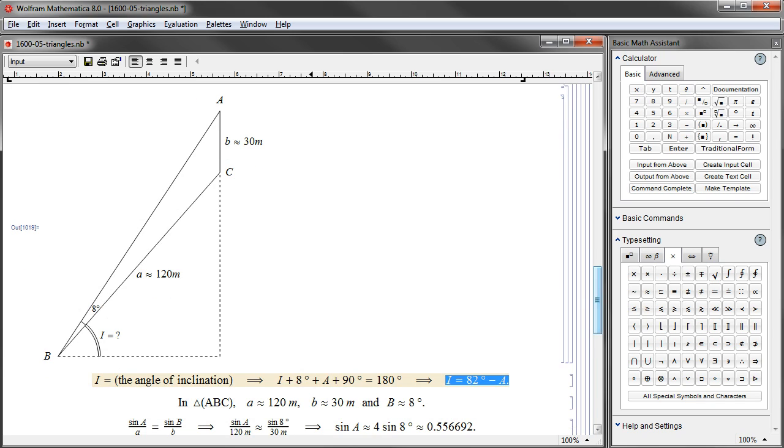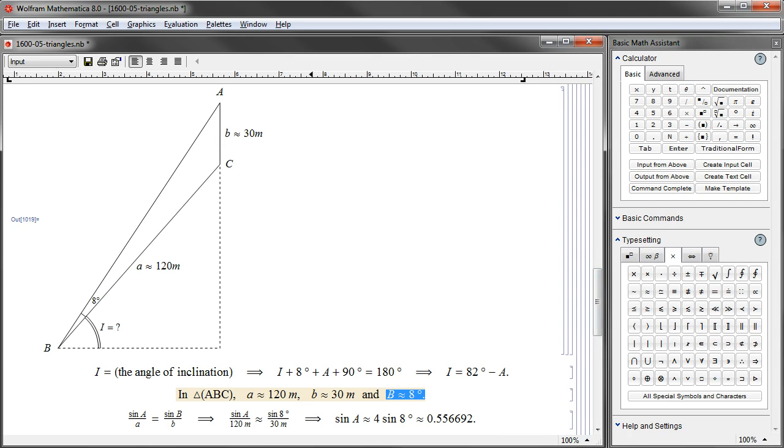All right, let's find capital A, and we can do that through the law of sines. Small a is 120 meters, small b is 30 meters, capital B is 8 degrees. So all I have to do is form this equation. Everything is known except for the numerator, sine of capital A. It turns out sine of capital A is 0.55 something.